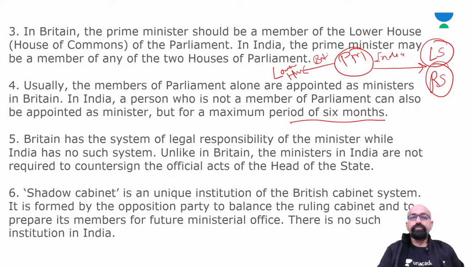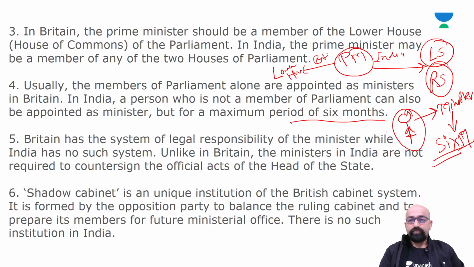Yes. Which means, for example, a person A is appointed directly as a minister, then we can say he enjoys his tenure for 6 months.